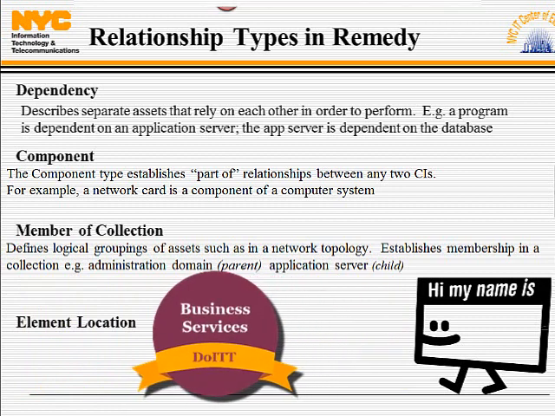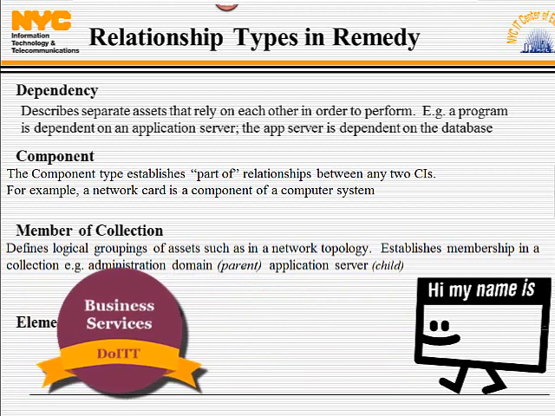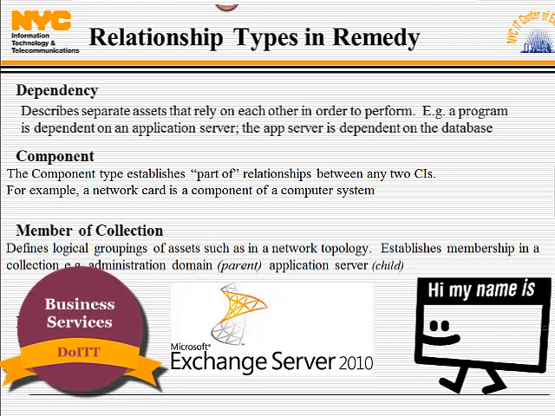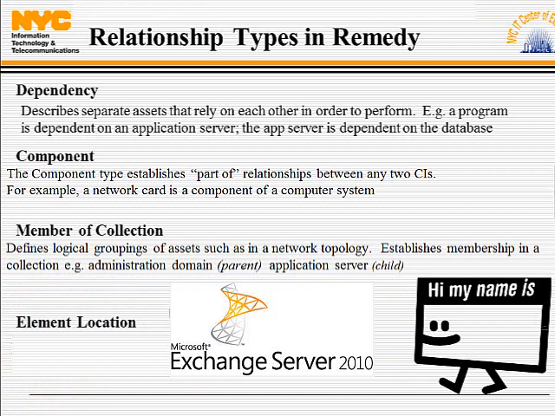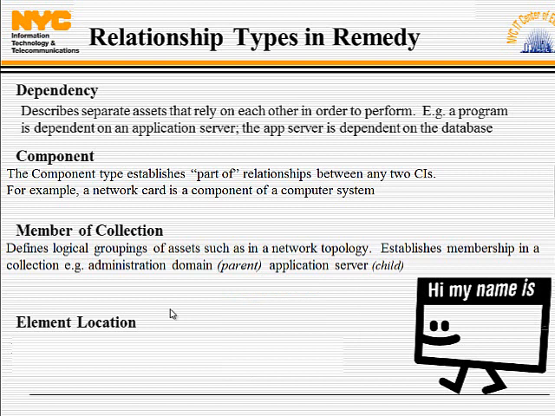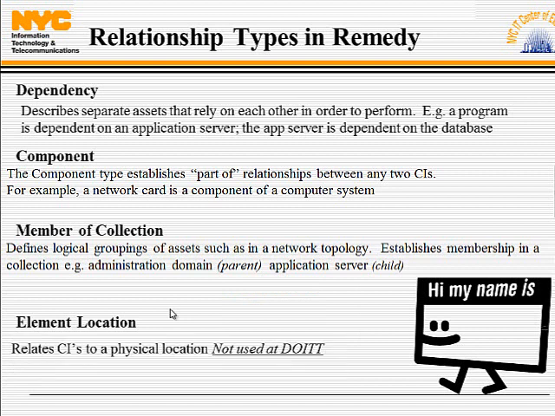So, for example, the MS Exchange servers, clusters, and nodes, all of those assets are members of the DoIT Exchange 2010 collection. Another way of saying that is that the MS Exchange server is child-related to the DoIT Exchange 2010 business service. But more on child-parent relationships in the next slide. Element location relates CIs to physical location. If we were using it, say, this computer is located at 5 Metro Tech, but we actually do not use that in DoIT. So element location is not used at DoIT.